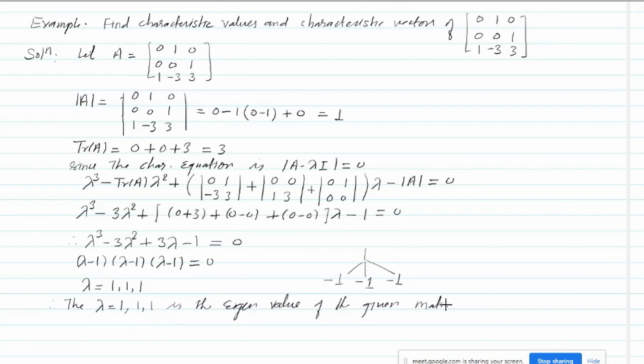So there is only one eigenvalue. Okay, how many cases will be there? One case. Yes, only one case. So let us move to the next page.